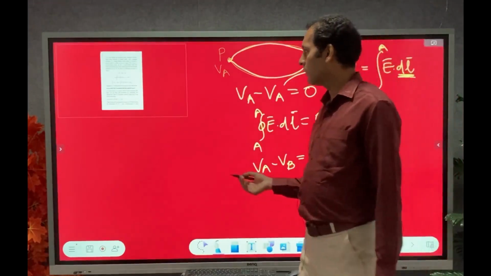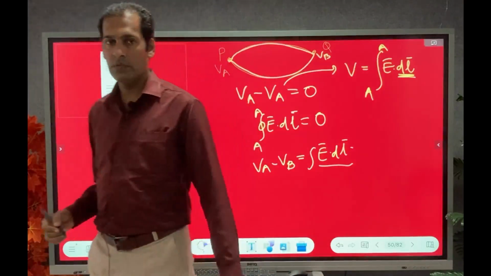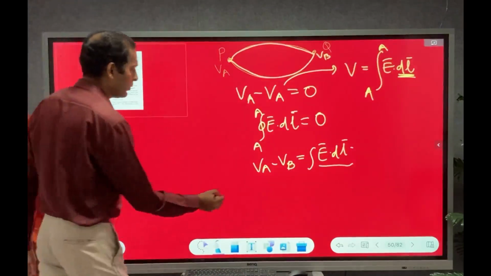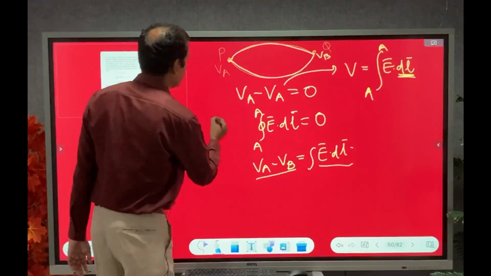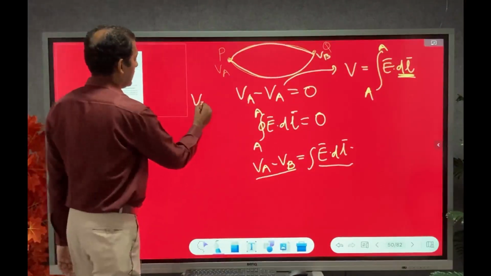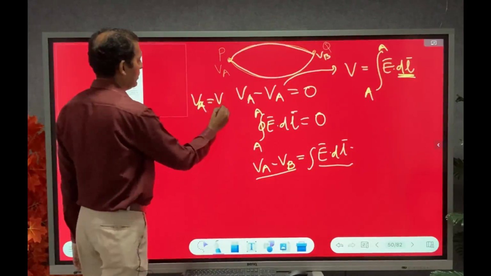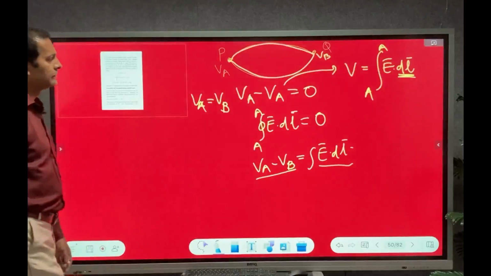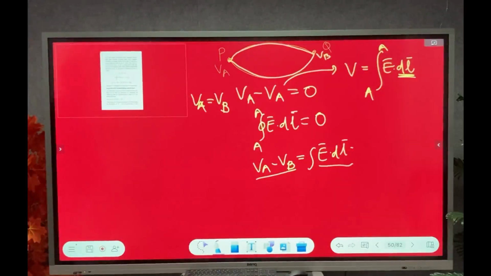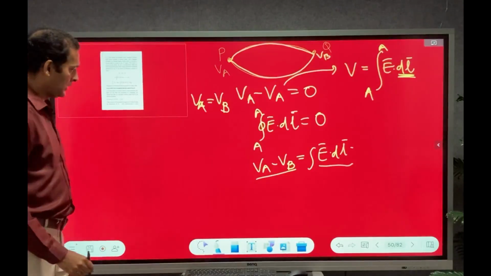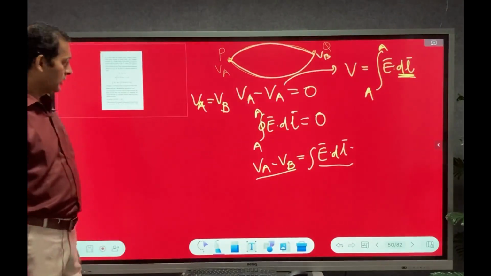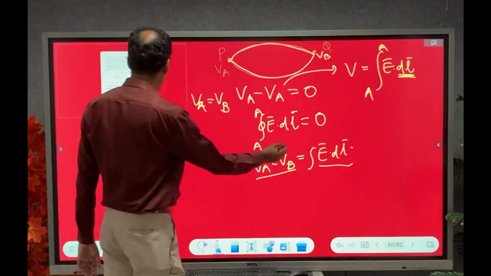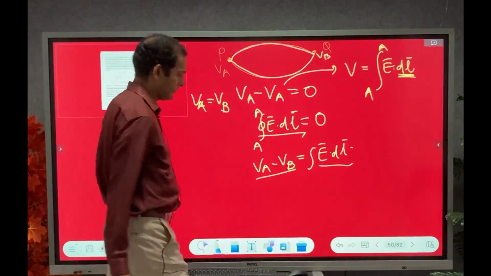So this is nothing but Maxwell's first equation, we can say. When this one is possible? When VA is equal to VB. So this is about this. So what is general expression for voltage? Voltage is equal to integral of E bar dot dl bar.